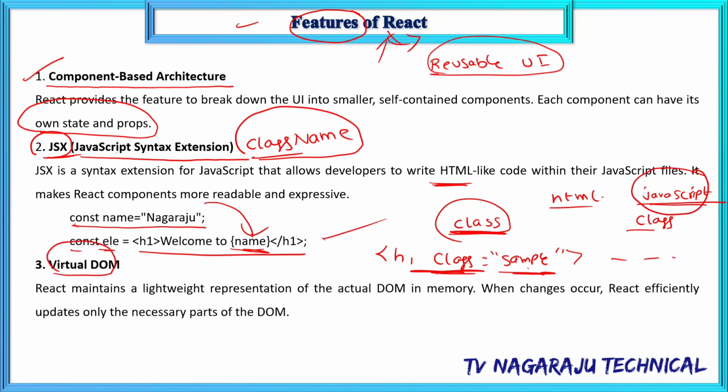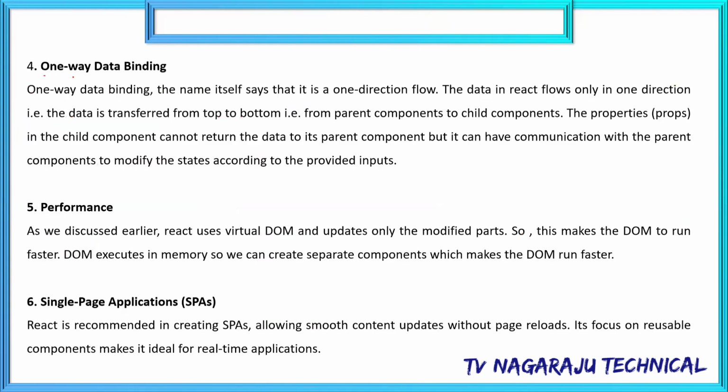And virtual DOM. Instead of manipulating the original DOM, we do the modifications on the virtual DOM, which obviously increases performance. One-way data binding means that in React the information travels from parent to child. You have multiple components, a parent component and a child component.